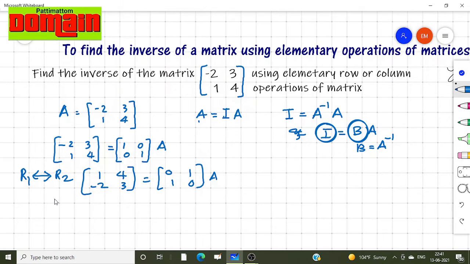Next, we want to make this element 0. For that, what should we do?